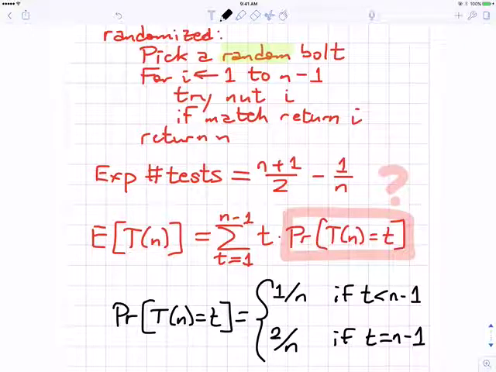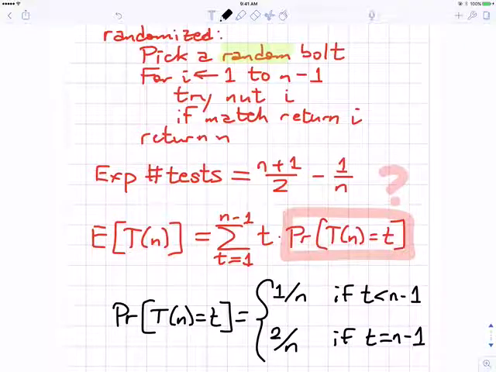All right? So this is a simple example of the kind of thinking that we need to be able to do. We're ultimately thinking about the probabilities of certain events happening in the algorithm because the algorithm has made these random choices.